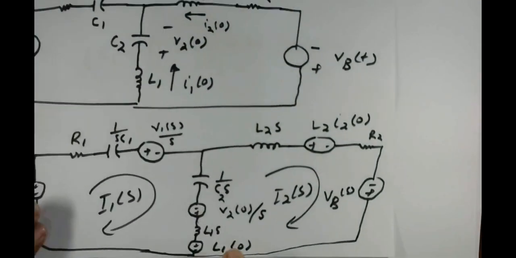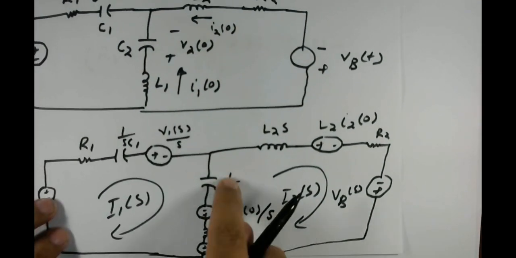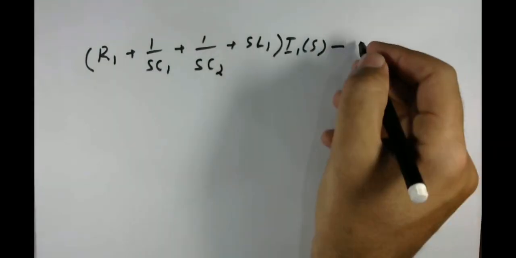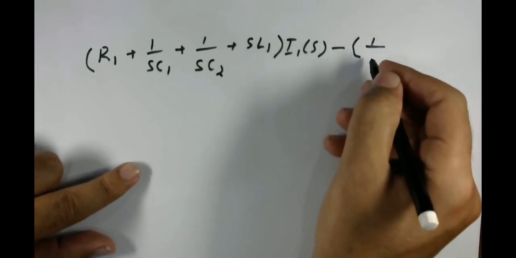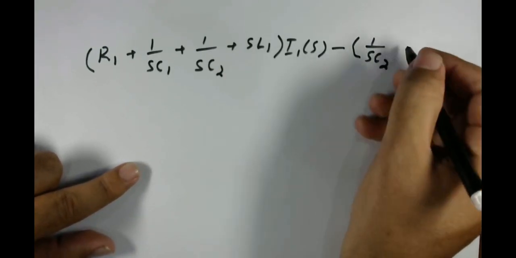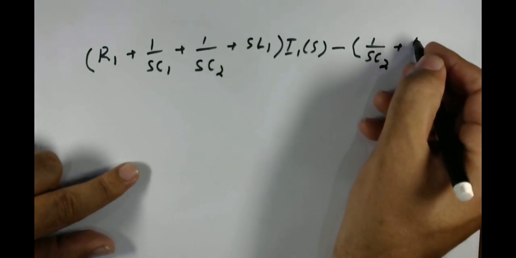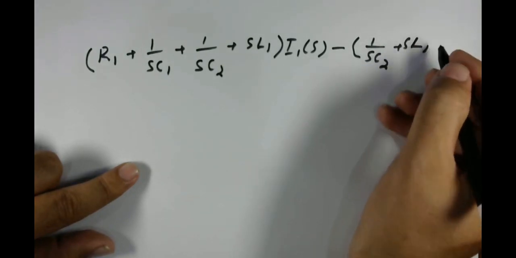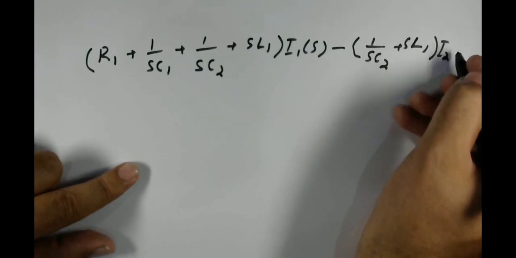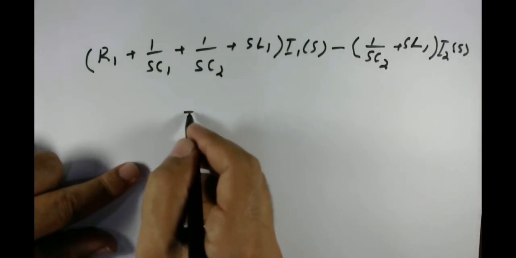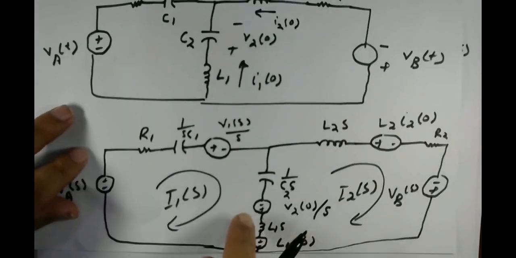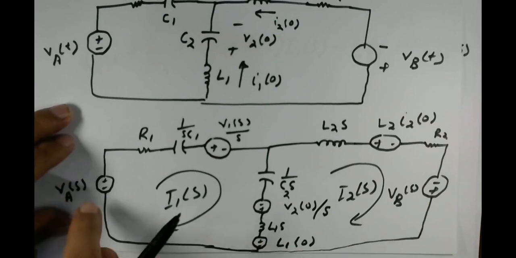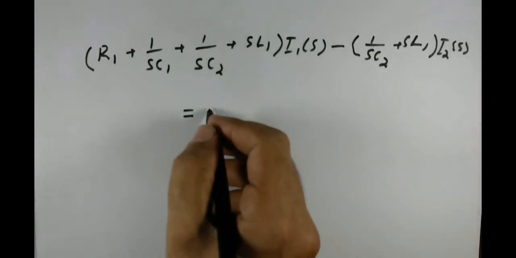Then minus I2 of S multiplied by 1 by SC2 plus SL1, into I2 of S, and this whole thing will be equal to the applied voltages. Now you have different sources: this source, this source, this source, and this source. I'm going to the other side of the equation, that is, to the right side.